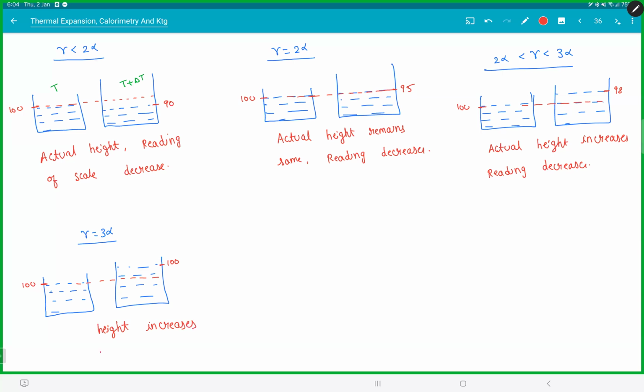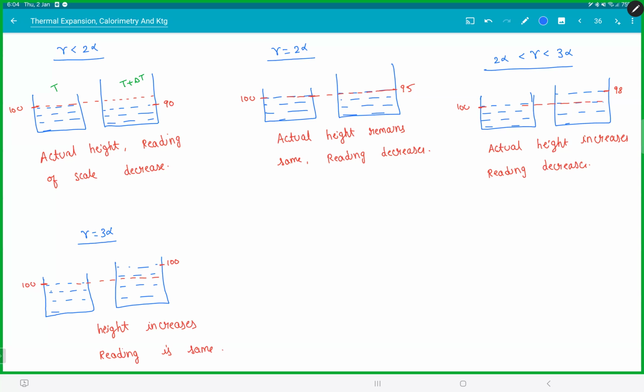Height increases, the scale's reading remains same. So if gamma becomes equal to 3 alpha, the container will say the liquid never expanded. But we know in reality, in the ground frame, you will observe the liquid level actually goes up.